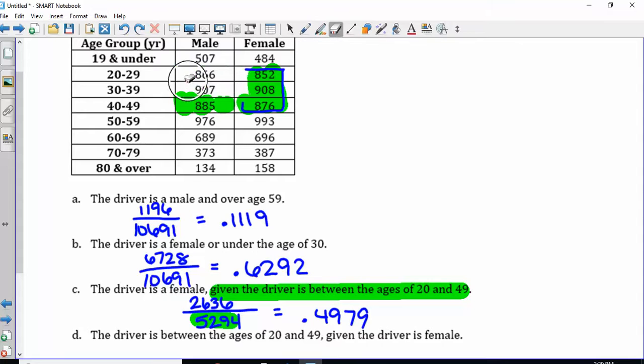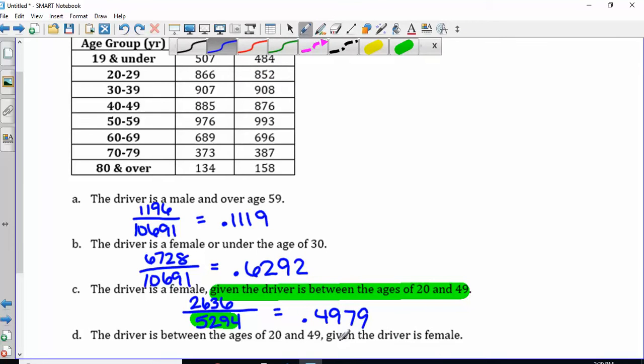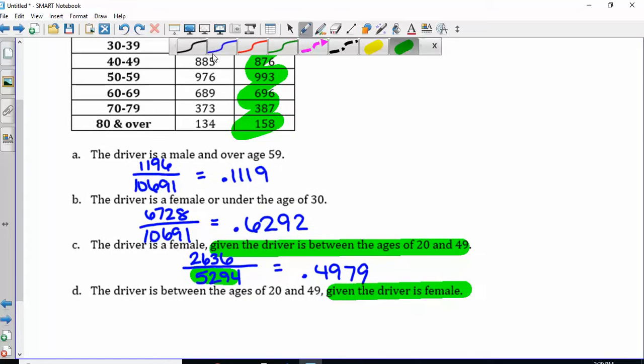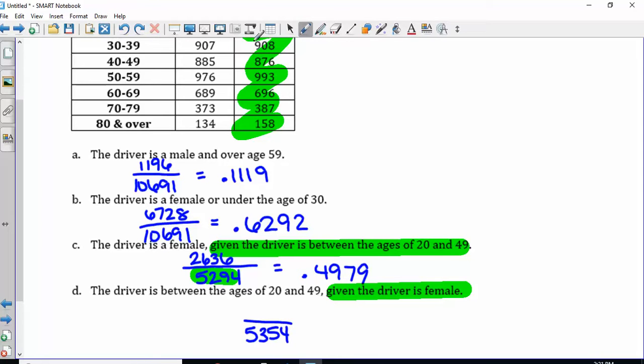The last one, my given is the driver is female. So all I'm looking at is my females. So my denominator will be the number of females, and then the numerator is ages 20 to 49.